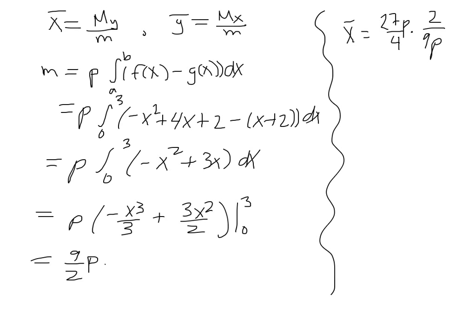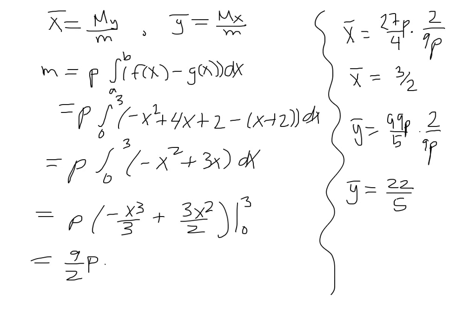And we end up with x bar is equal to 3 over 2. Y bar is given by Mx, which was 99 rho over 5, multiplied by 2 over 9 rho, and thus y bar is 22 over 5.